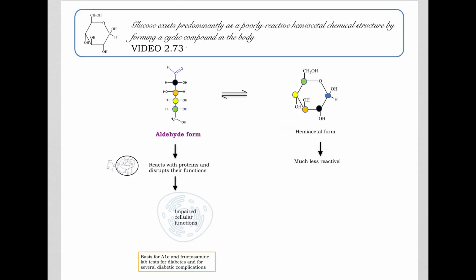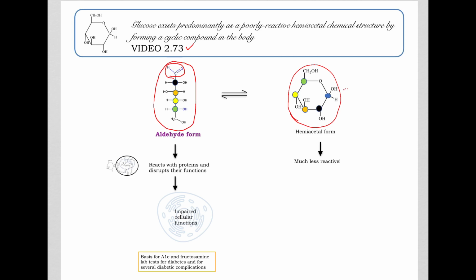As we saw in video 2.73 under carbohydrates, because glucose has 6 carbons, most of your glucose is not present in the aldehyde form. Most of it is present in the hemiacetal, the cyclic form, and in the cyclic form we do not have the aldehyde group.